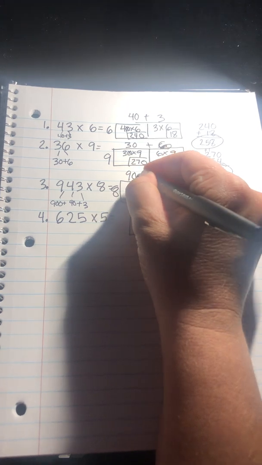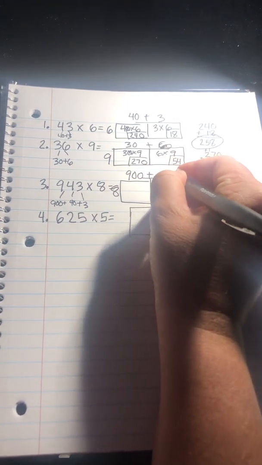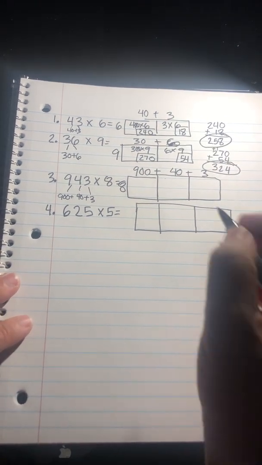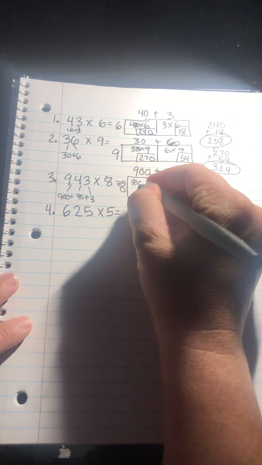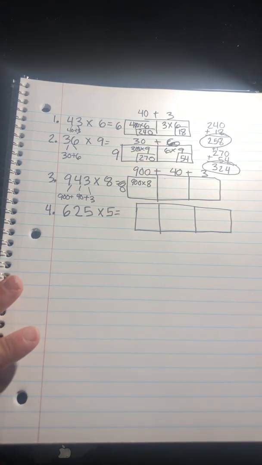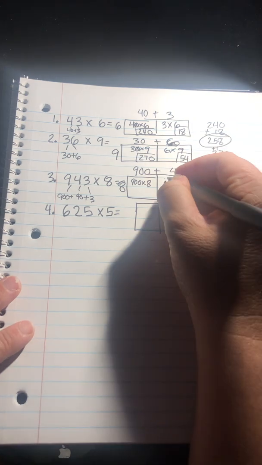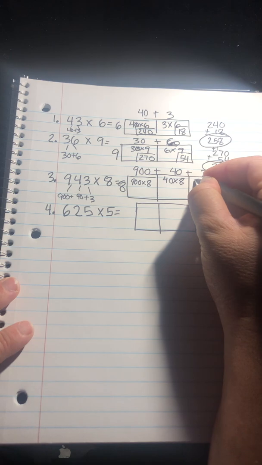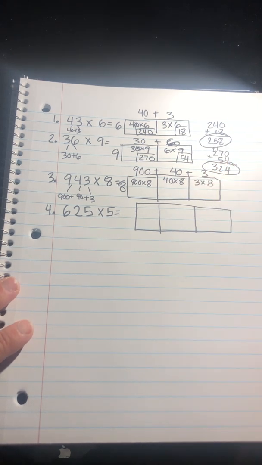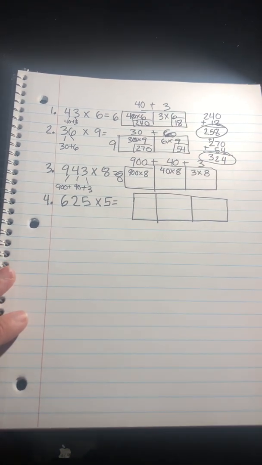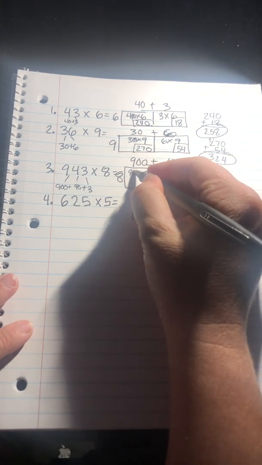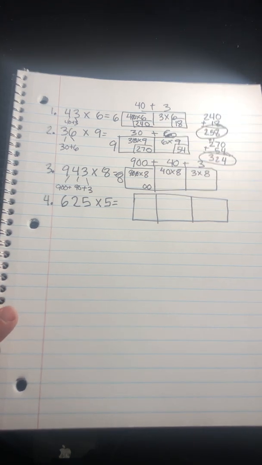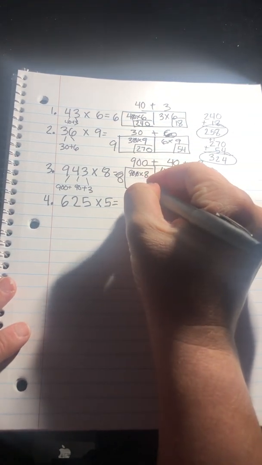Now I can write all my equations: 900 times 8, 40 times 8, and 3 times 8. Bring down my 2 zeros. 9 times 8 is 72.